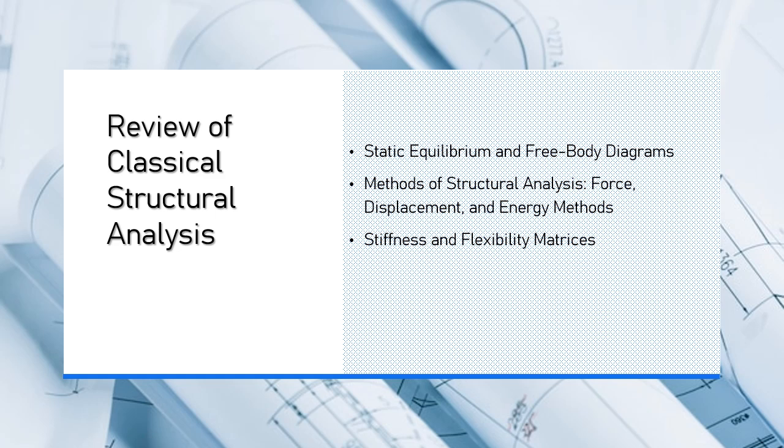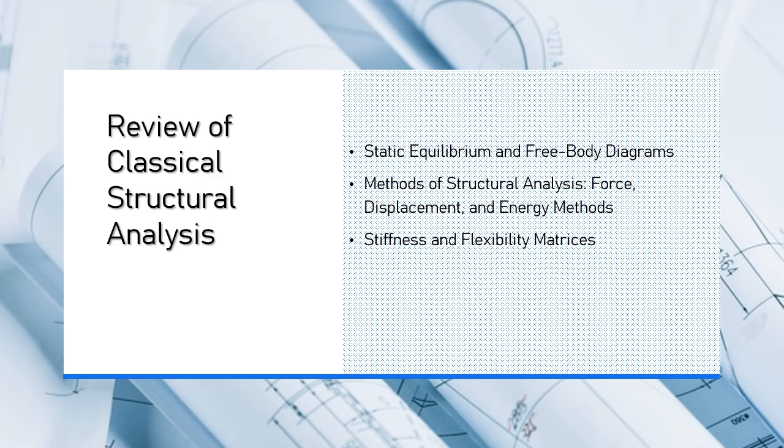Global stiffness matrix. When analyzing a structure with multiple elements, like a frame or a truss, the individual element stiffness matrices are assembled into a global stiffness matrix by applying the principle of superposition. The global stiffness matrix relates all the degrees of freedom of the structure to the applied loads.